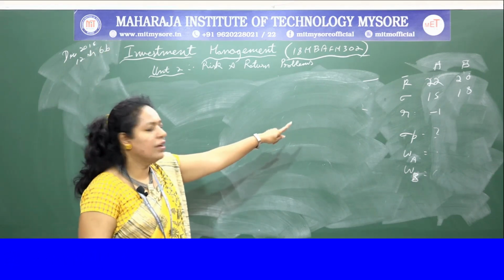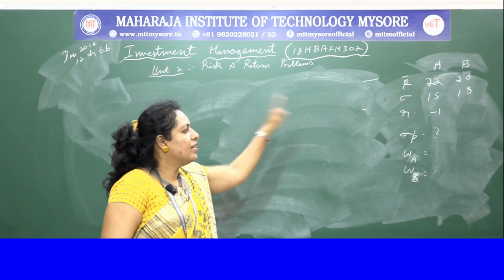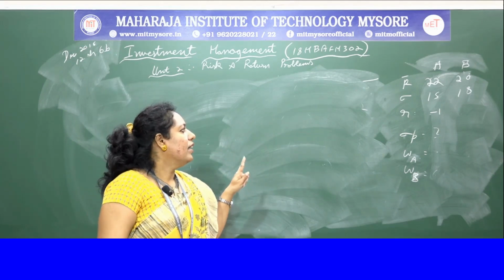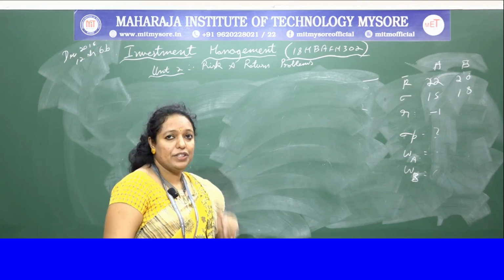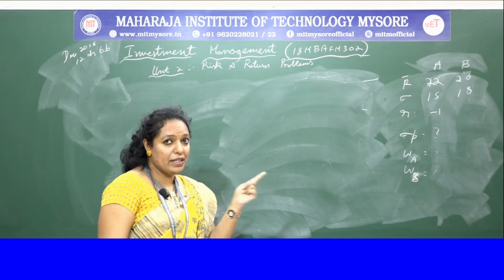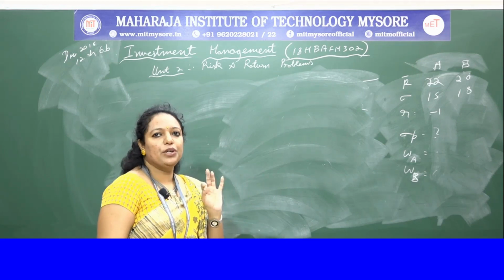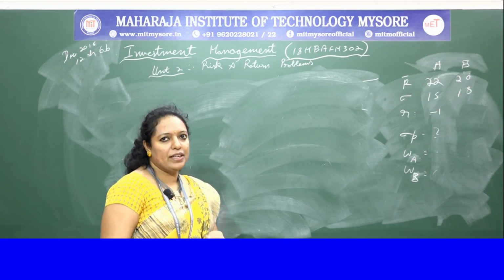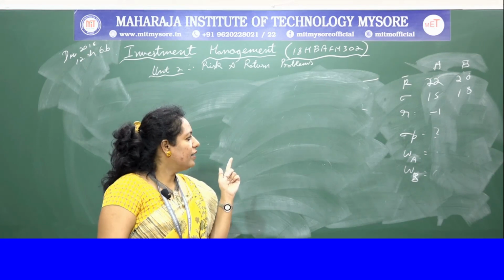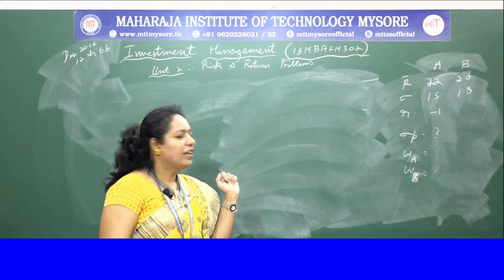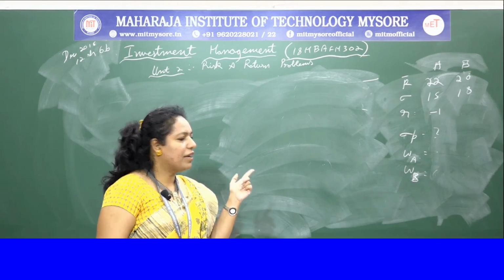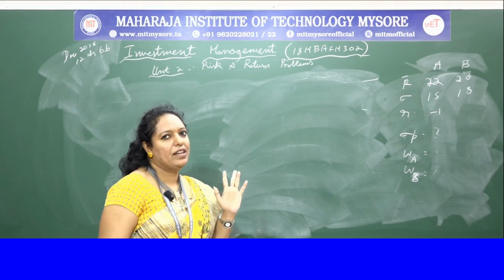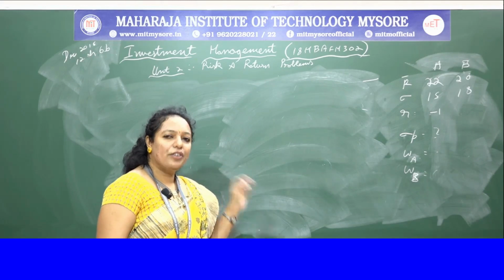That is the question where return is given, standard deviation is given, and R is also given, that is correlation coefficient, but be very careful, it is -1 not +1. Wherever you use minus. Okay, and then standard deviation, then weights, or you have to calculate weight of A and weight of B. This has to be calculated. Try this out.